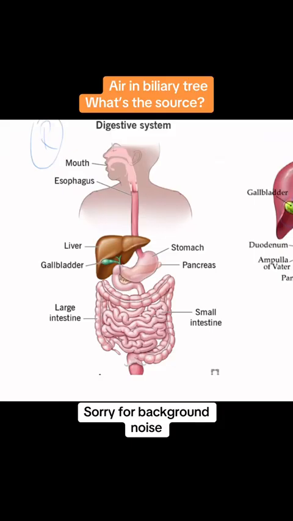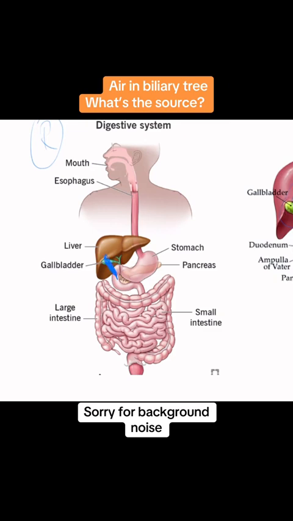The GI tract is open to the outside, and air can get into the GI tract. And if there is an abnormal fistula between the gallbladder and the enteric system or the GI tract, air can get into the biliary tree from the GI through the fistula, like that. So if I clear it up, let's say there is a fistula here between the gallbladder and the GI.